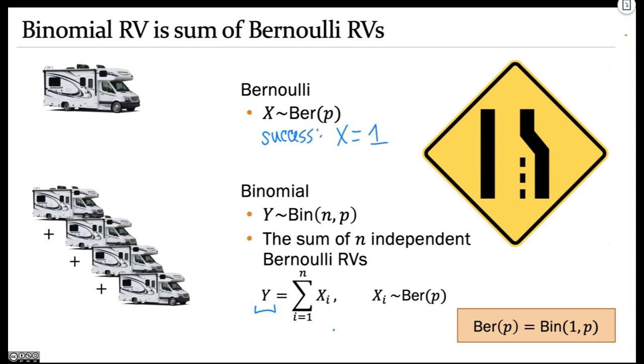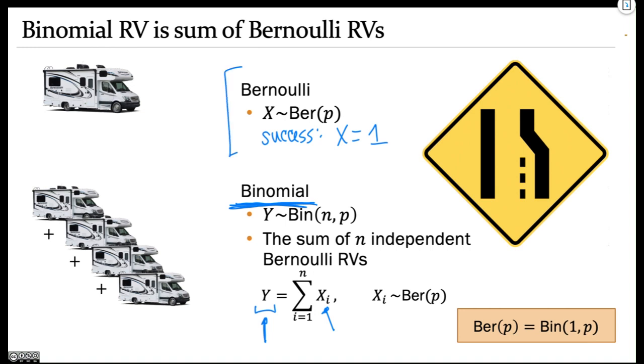And so if I'm saying, okay, the first one was a success, but the second one wasn't, but the third one was, and the fourth one was, counting up the number of ones I get, or summing these Bernoulli random variables, will be summing a bunch of 1s and 0s. At the end of the day, the sum will just be the number of successes. And we will be using this. This is a nice feature that will help us simplify calculating some statistics for binomial distributions by using how it's related to Bernoulli.